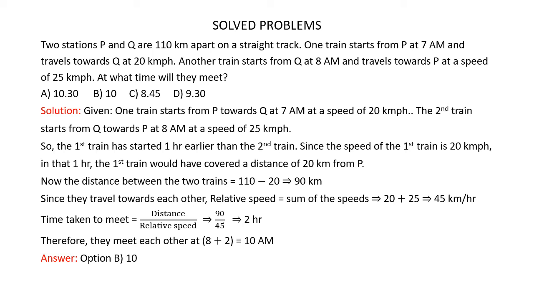Substituting these values in the formula, we get time taken by the trains to meet is equal to 90 divided by 45, which is 2 hours. Therefore, the two trains meet each other 2 hours after 8 o'clock, that is at 10 a.m. So the correct answer is option B, 10.